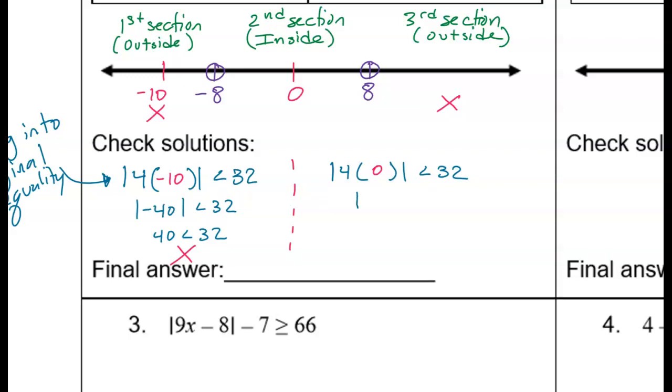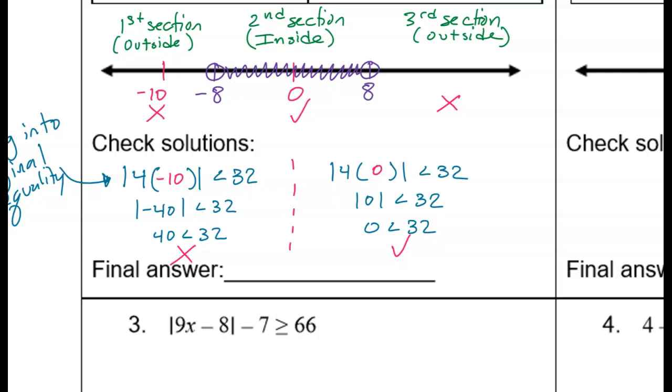The absolute value of 0 is less than 32. And the absolute value of 0 is 0. So we ask ourselves, is 0 less than 32? It is. It's a check. So that means I do shade between my 2 boundary points.